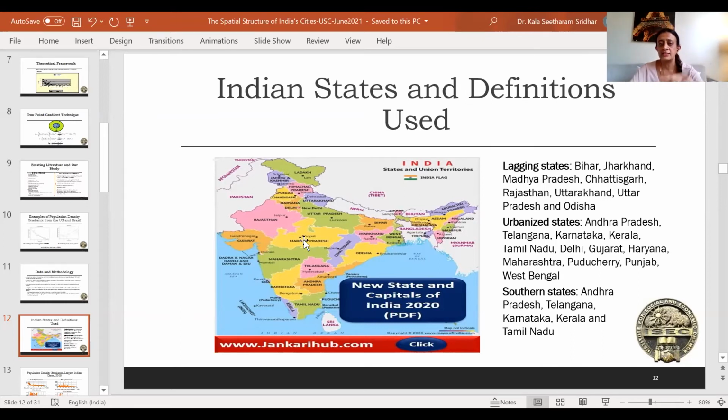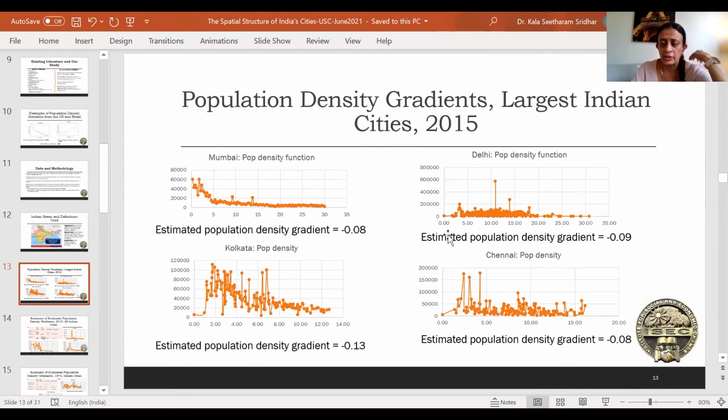These are states whose per capita income is growing very slowly compared with the national average. So these are defined as the lagging states. So these are the basic classifications and categories as far as the research goes.